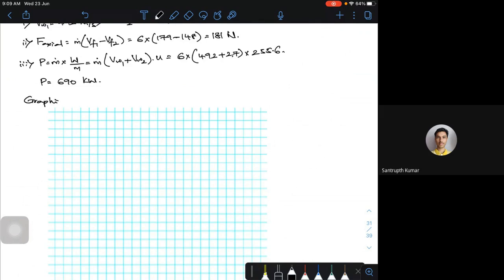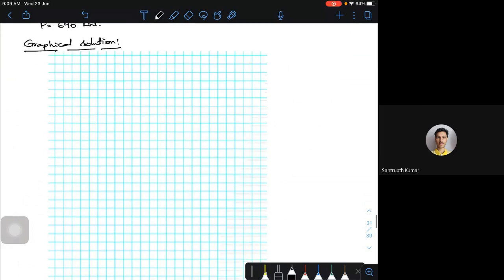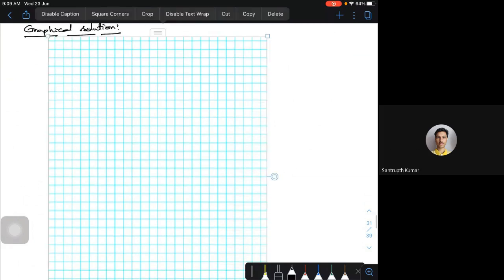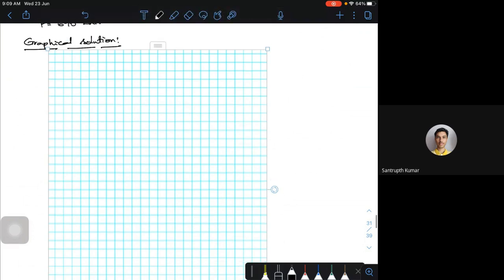Any problem we are trying to solve in steam turbines, whether it is two-stage, single-stage or multi-stage, can be solved both analytically using trigonometric principles or using the graphical method. Here one thing we have to do is take some scale.